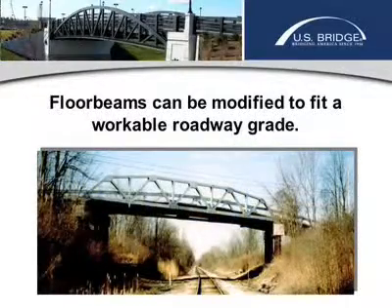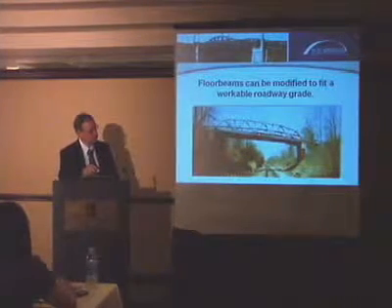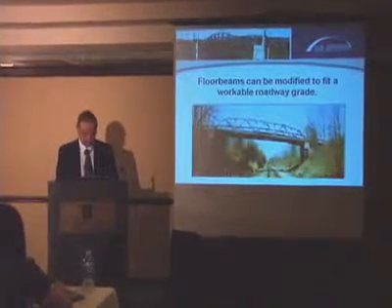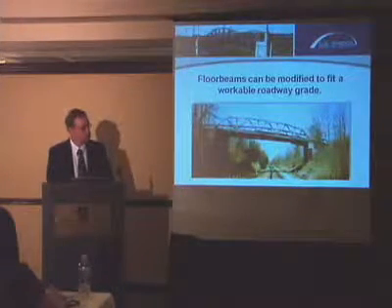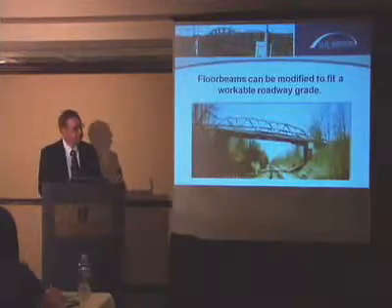You can work your floor beams into the grade. This bridge was on a skew and a grade. Floor beam hanging below here, it's raised up, and then on the other end, so it's sort of a skewed and cambered combination there.